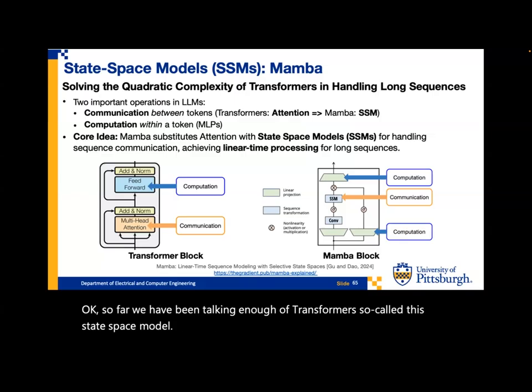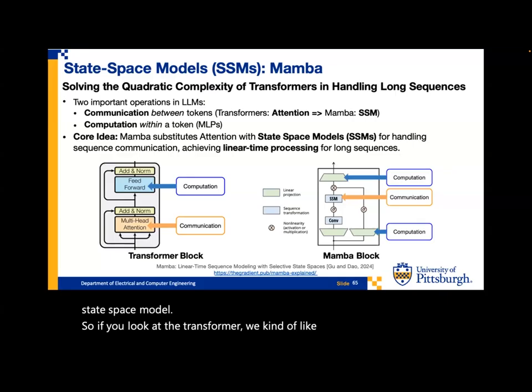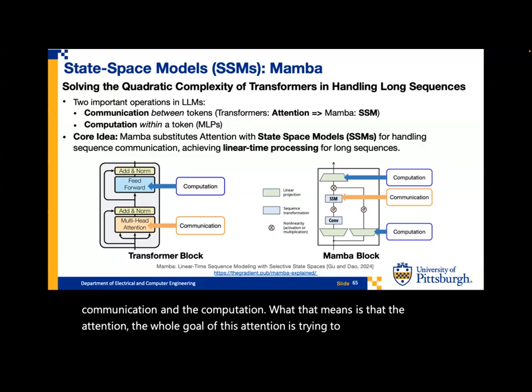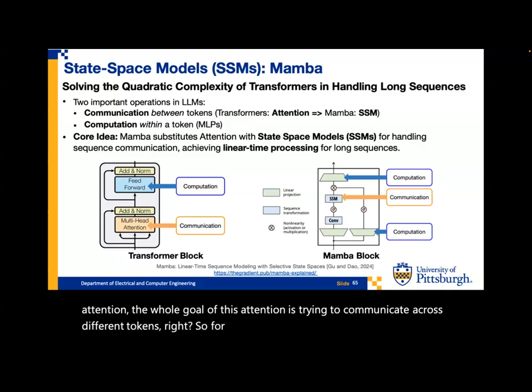If you look at the transformer, we kind of divide this into communication and computation. What that means is that the whole goal of attention is trying to communicate across different tokens, right?